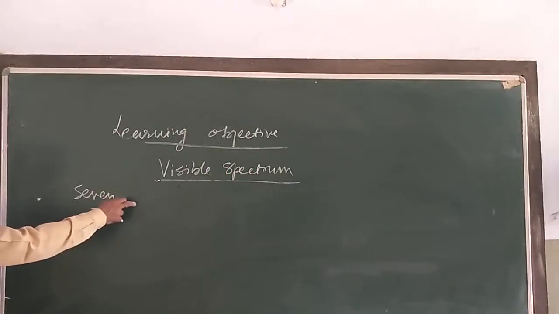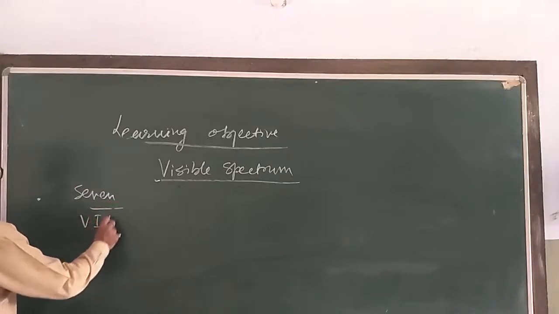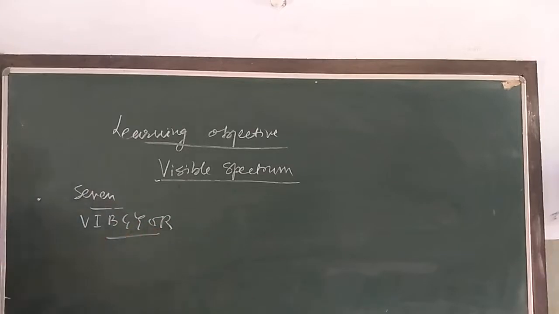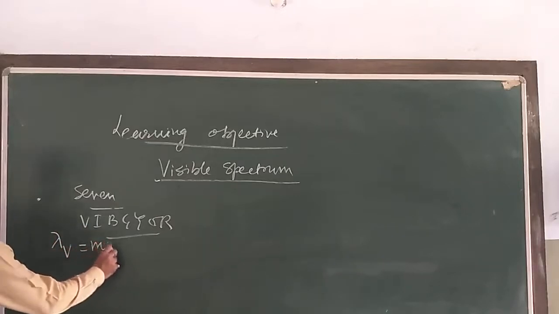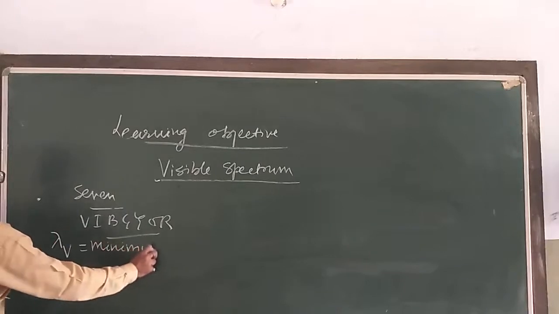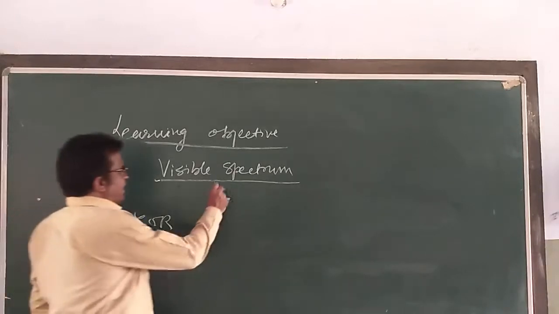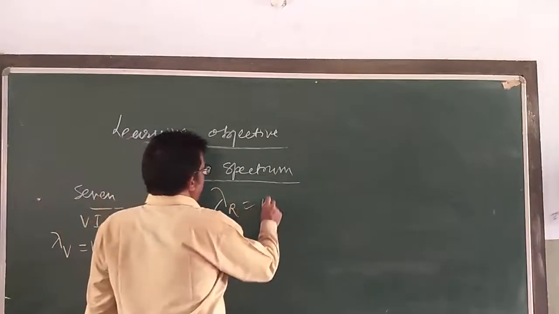Okay? Every color of the visible spectrum has its own wavelength, and its own frequency. The wavelength of the violet color is minimum, and the wavelength of the red color is maximum.